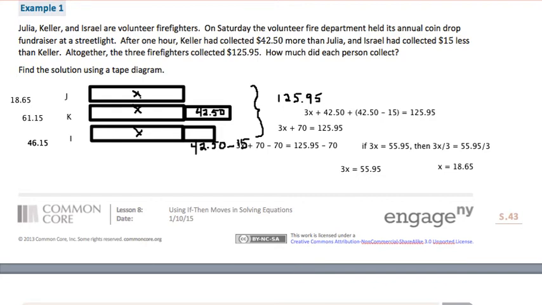And finally, Israel collected 18.65 plus 42.50 minus 15, which is $46.15. And we add the three numbers together, we should get $125.95.